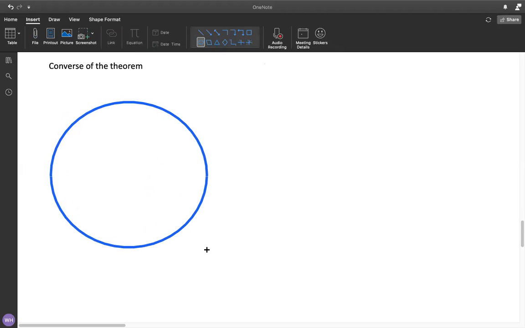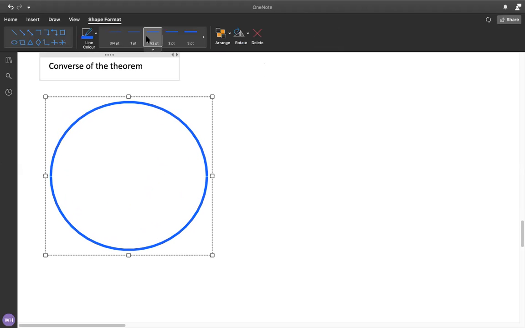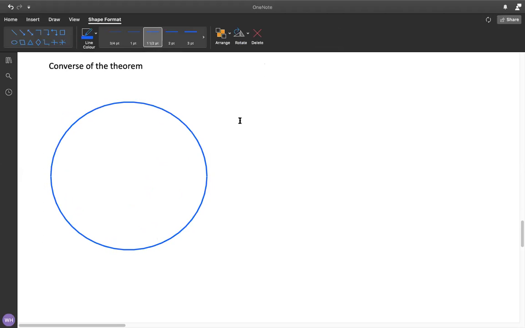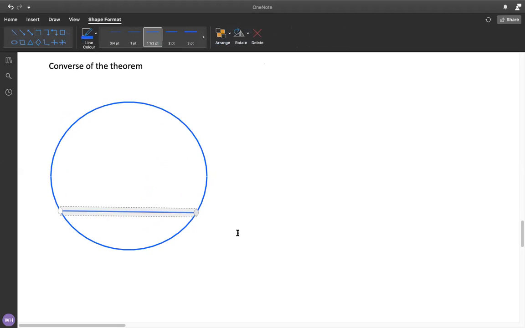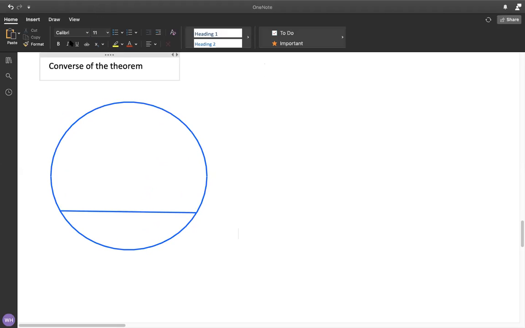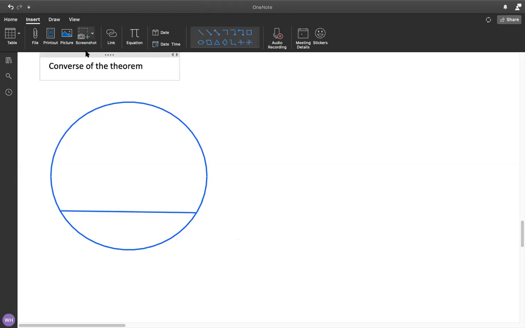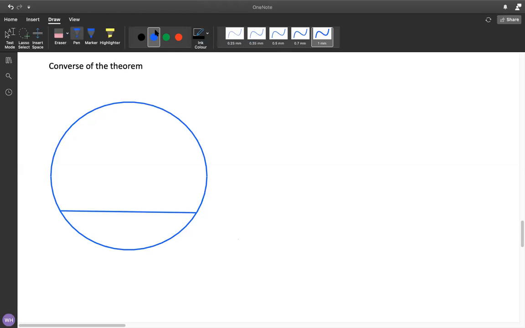Now if you consider a circle once again, and you have another chord in the same circle, and you have the center, take a marker here. So let this be the center.